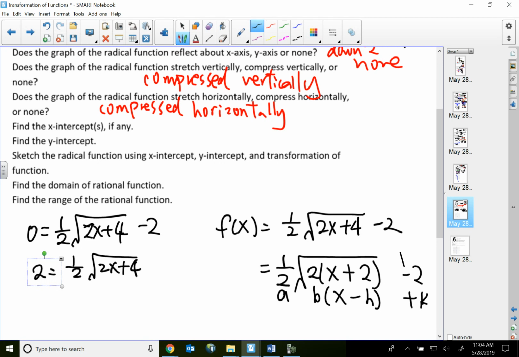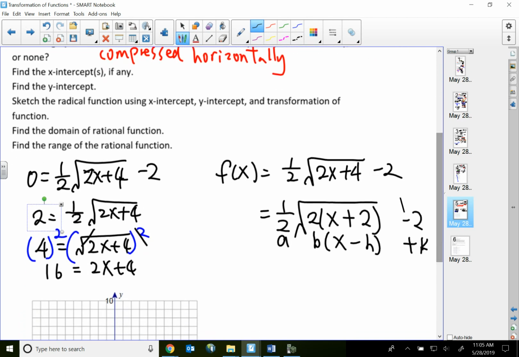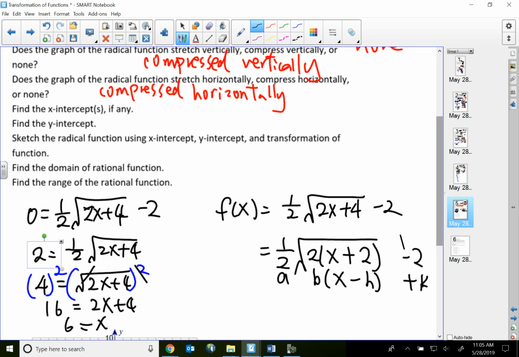To get rid of the half in front of the square root, multiply both sides by 2. So that gives me 4 equals square root of 2x plus 4. All right, to get rid of the square root, we've got to square both sides. So that gives me 16 equals 2x plus 4. Subtract 4 on both sides, divide by 2. That's 12 divided by 2, which is 6. So my x-intercept is at 6, comma 0.